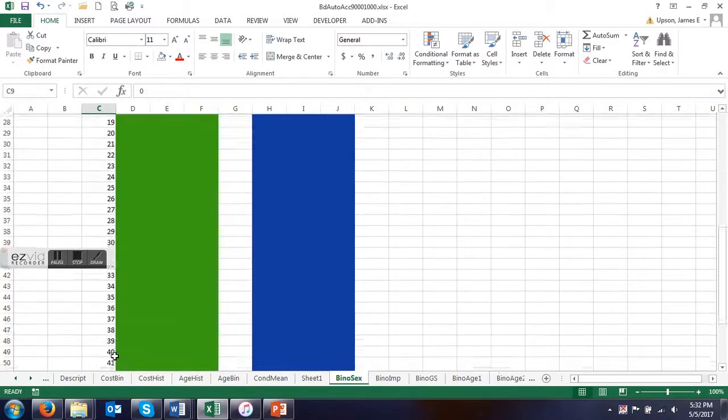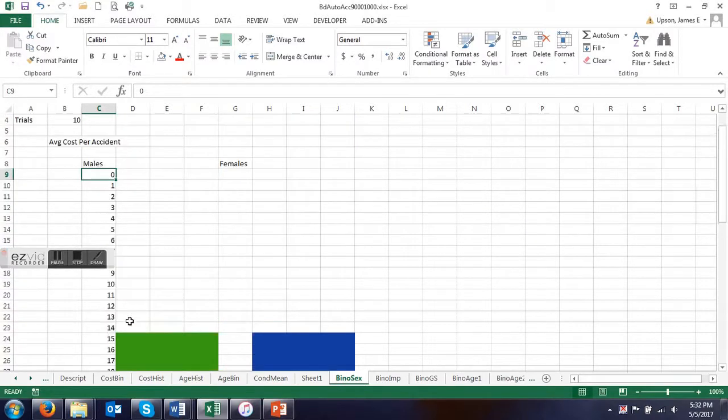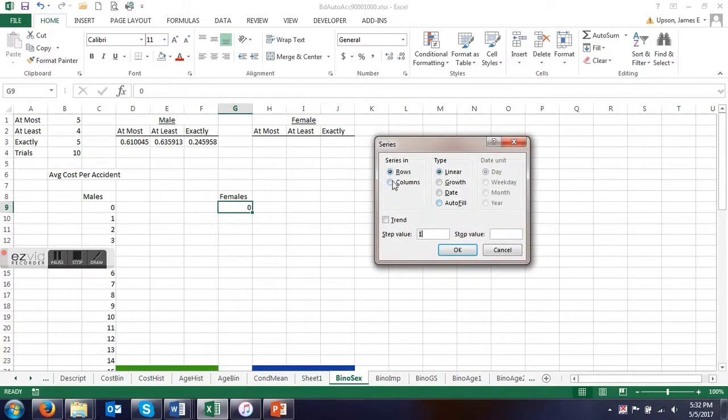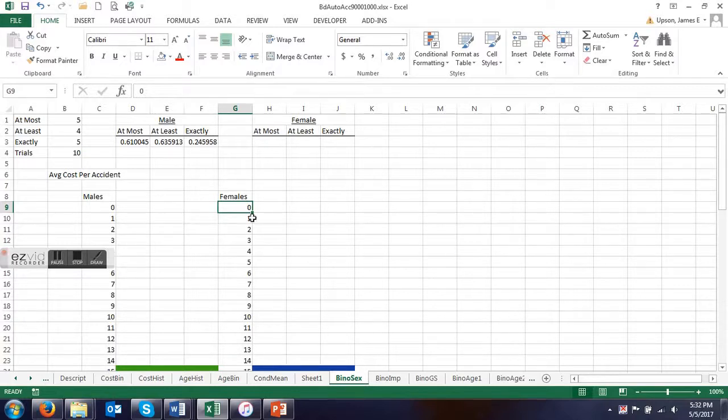So that quickly fills down to 50. We're going to do the same thing for females. 0. And now we're going to pick here, and we're going to fill a series, and we're going to go down to columns, and again, we're going to click on 50. All right, so I've got my 2 columns filled.